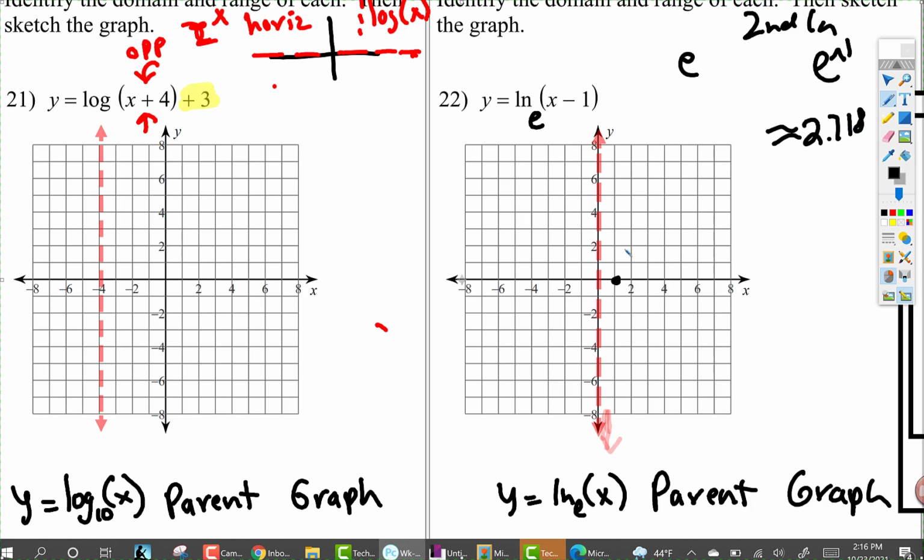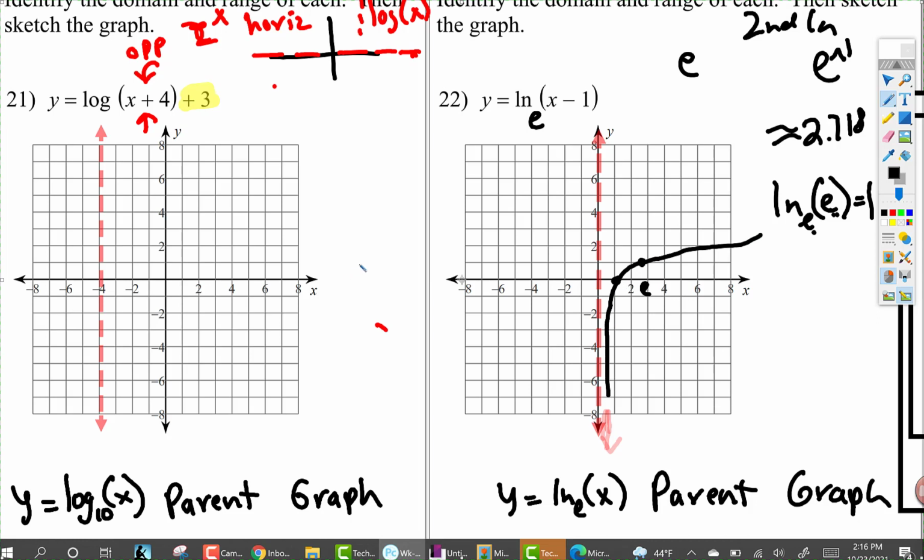So if you type in ln of e, at about 2.718, you're going to be at a height of 1. So this graph just rises.